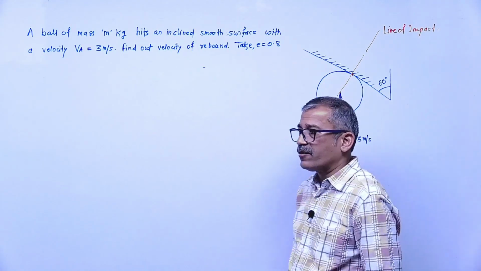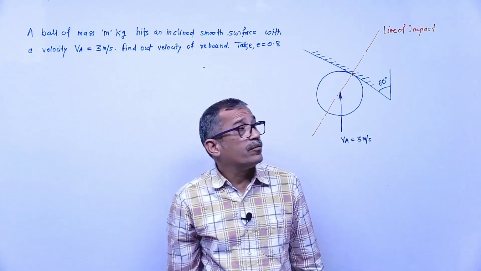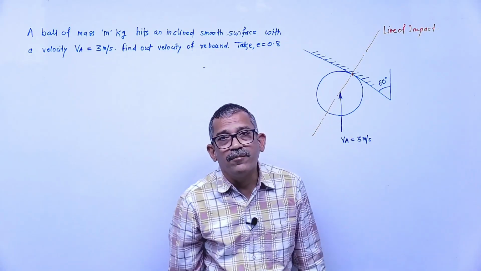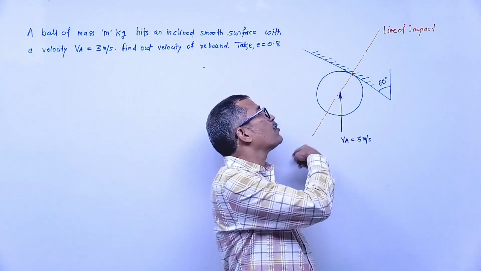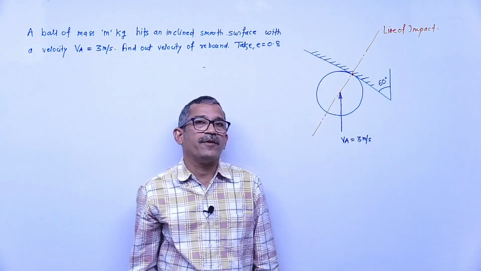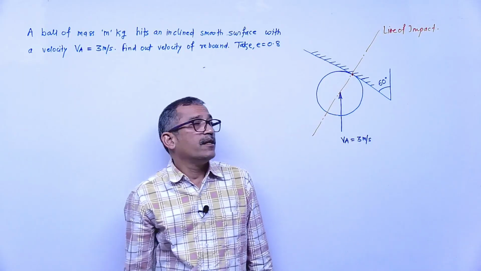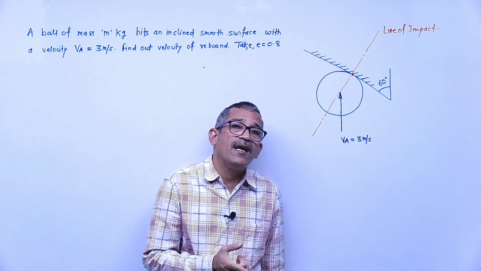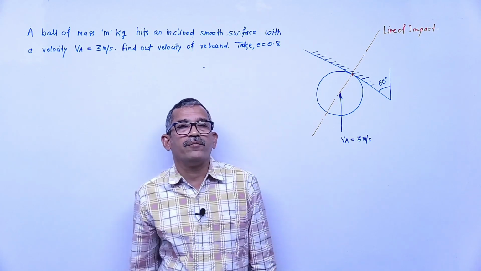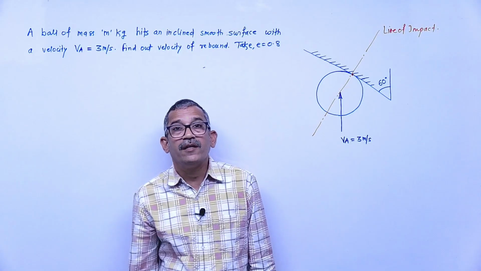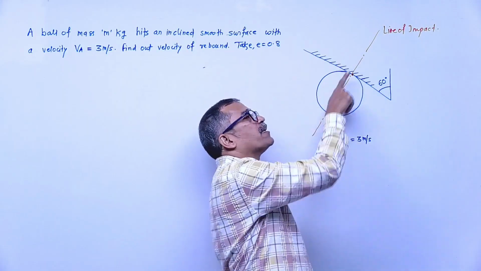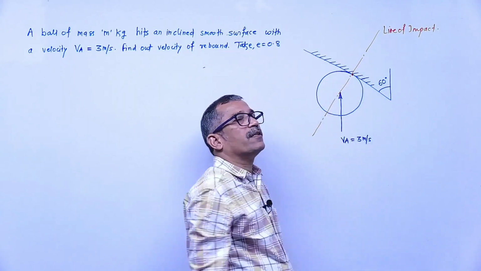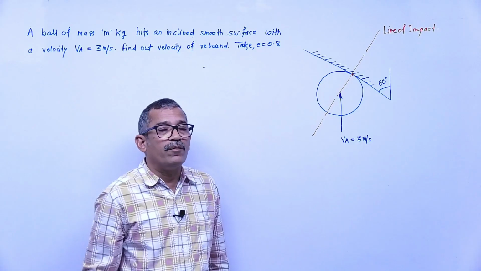Once you get the line of impact, now this collision is of which type? When velocities are collinear with the line of impact, then the impact is direct impact. If velocities are non-collinear with the line of impact, then the impact is indirect or oblique impact. Line of impact is inclined, velocity is vertical, that means this one is oblique impact.